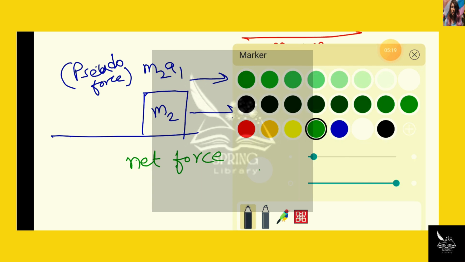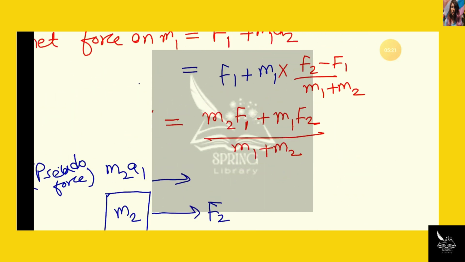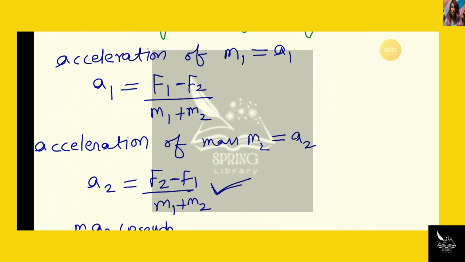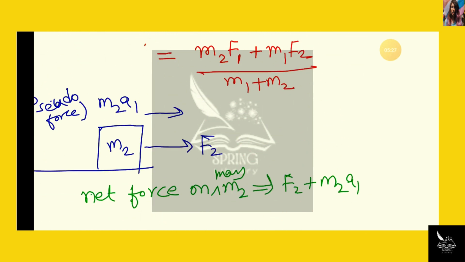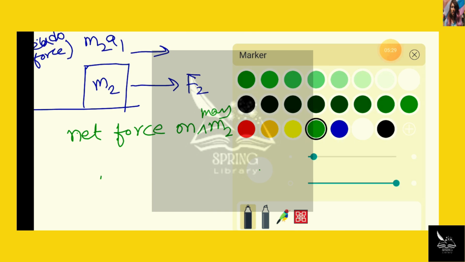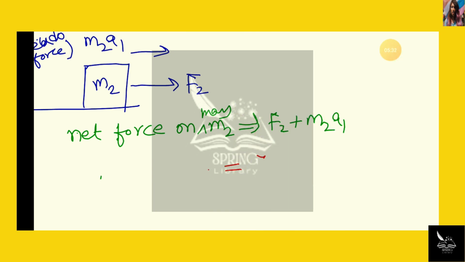Again put the value of a1 which I got in the beginning. After substituting, it is F2 plus m2 multiplied by F1 minus F2 divided by m1 plus m2.